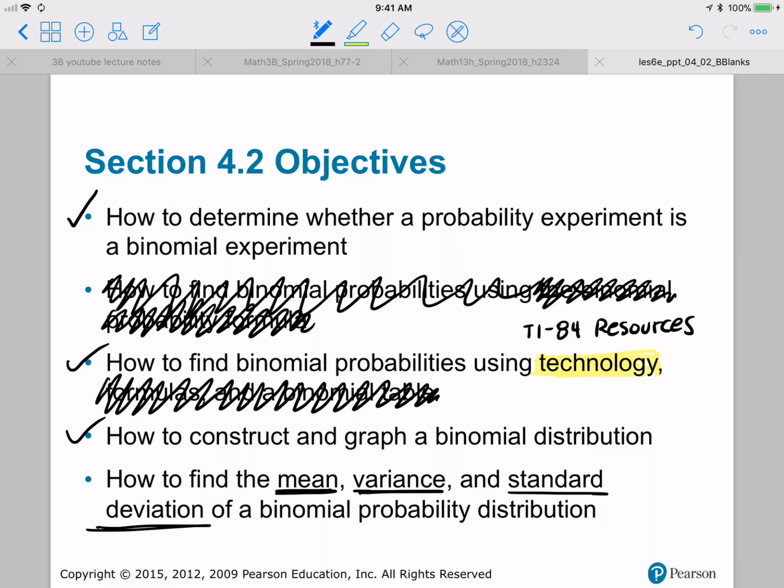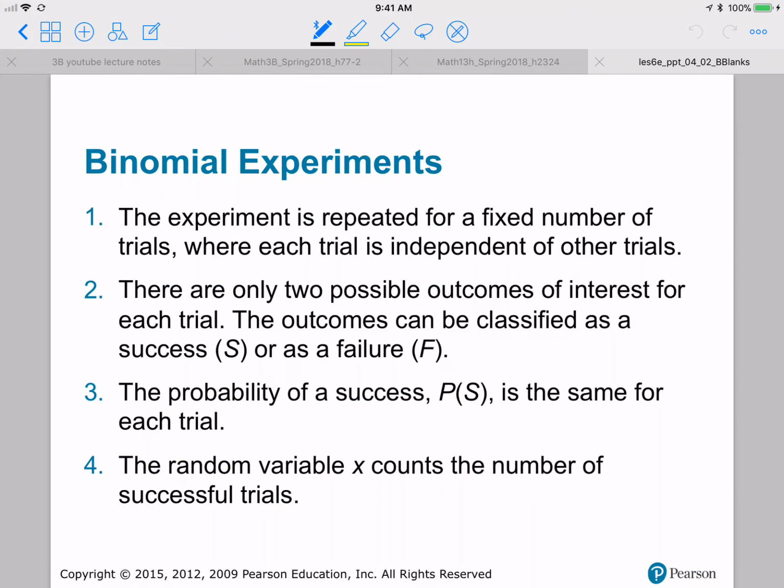When your distribution is binomial, the formulas are simplified. We won't get into proving these formulas, but we will practice the applications and understand what the formulas mean for our particular circumstances.